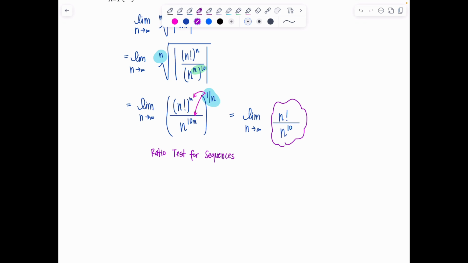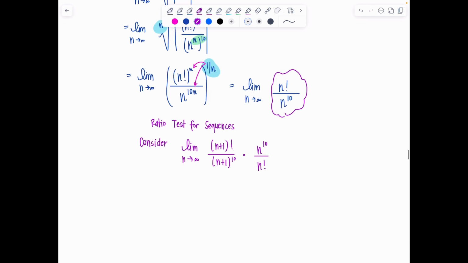But now we can go ahead and apply the ratio test for sequences to determine what the limit is of n factorial over n to the 10th. So we're going to say, let's consider the limit as n goes to infinity of n plus 1 factorial over n plus 1 to the 10th divided by a sub n, or multiplied by n to the 10th over n factorial.